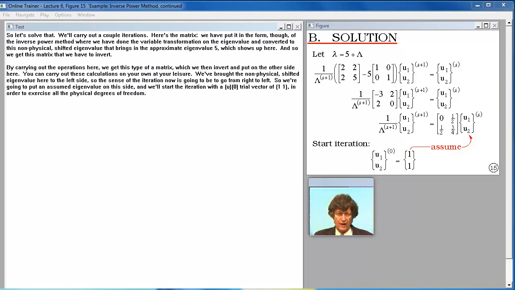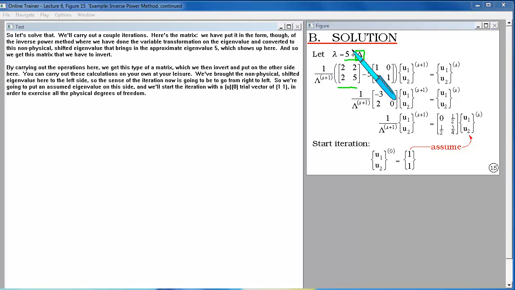So let's solve that. We'll carry out a couple iterations. Here's the matrix. We have put it in the form, though, of the inverse power method, where we have done the variable transformation on the eigenvalue and converted to this non-physical shifted eigenvalue.